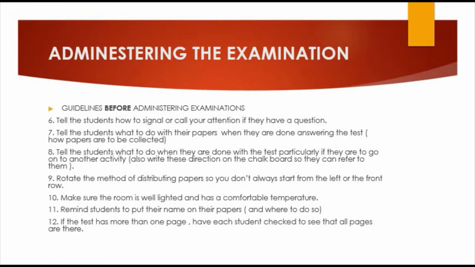Also write these directions on the chalkboard so they can refer to them, and rotate the method of distributing papers so you don't always start from the left or the front row. Make sure the room is well lighted and has a comfortable temperature, and remind students to put their name on their papers and where to do so. If the test has more than one page, have each student check that all pages are there. So these are the things you need to do before administering the examination.